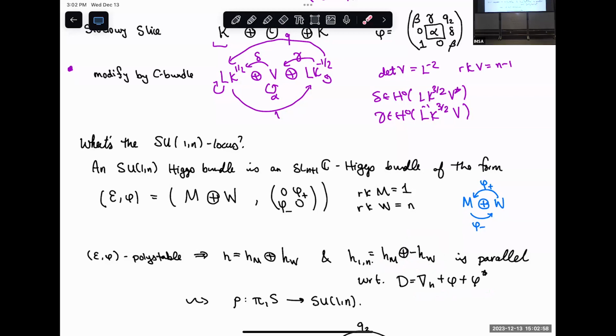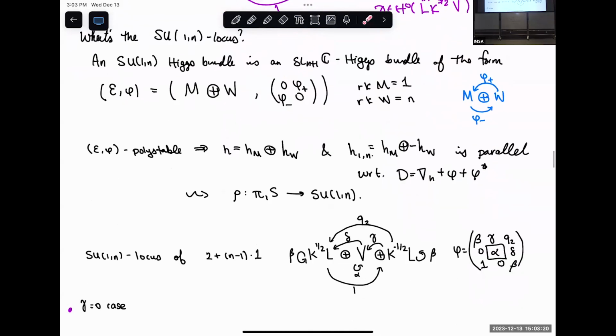So this symmetry gives me the fact that my holonomy representations are in fact in the group SU(1,n). The metric on the flat bundle, if I change the sign on one of the summands, is a signature (1,n) Hermitian metric, which is preserved by the connection.